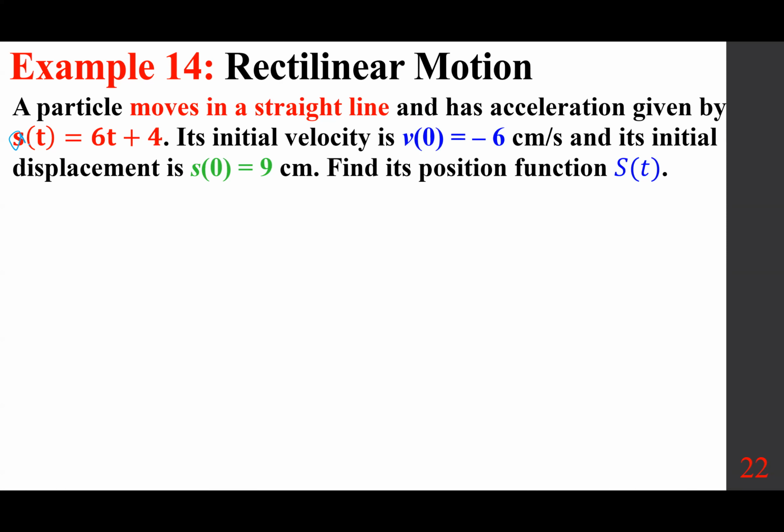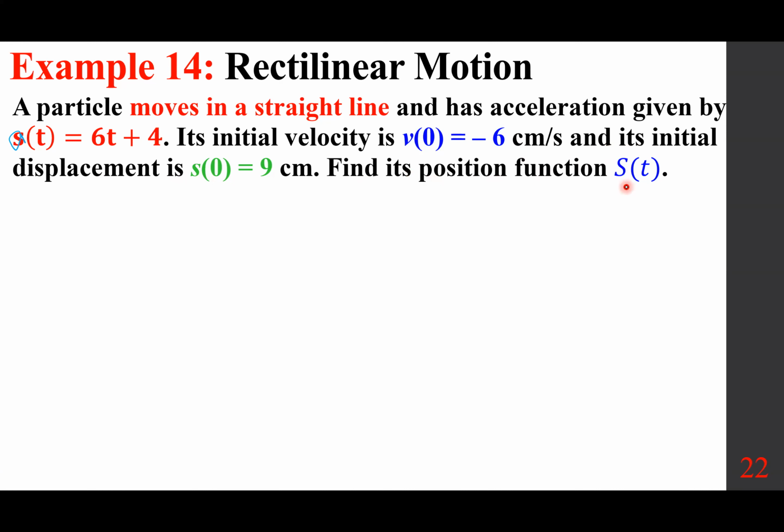Its initial velocity, v of 0, is -6 centimeters per second, and its initial displacement, s of 0, is 9. We want to find its position function, s of t.